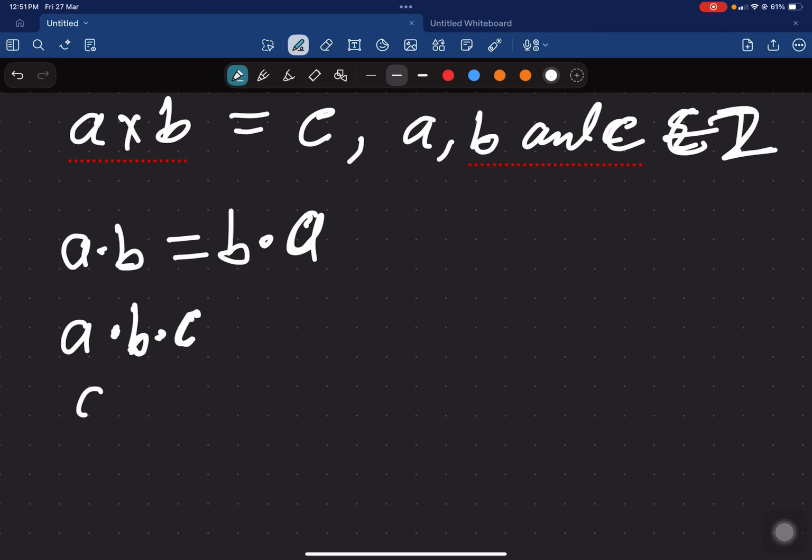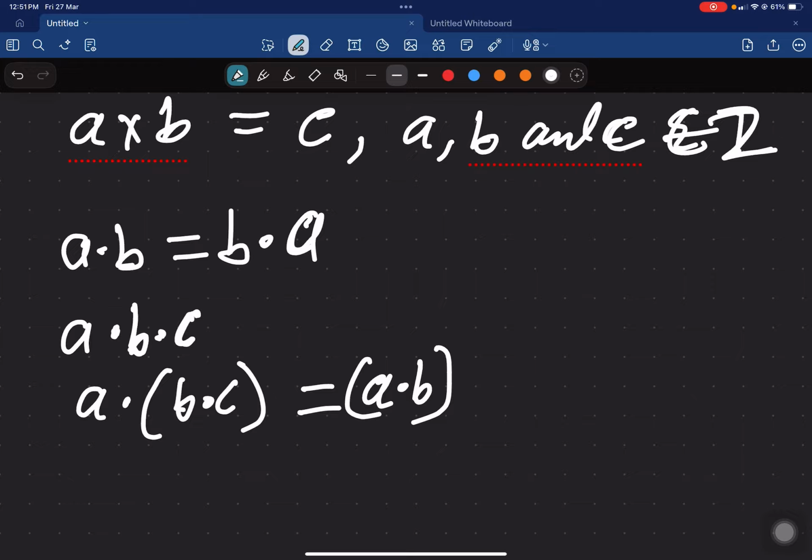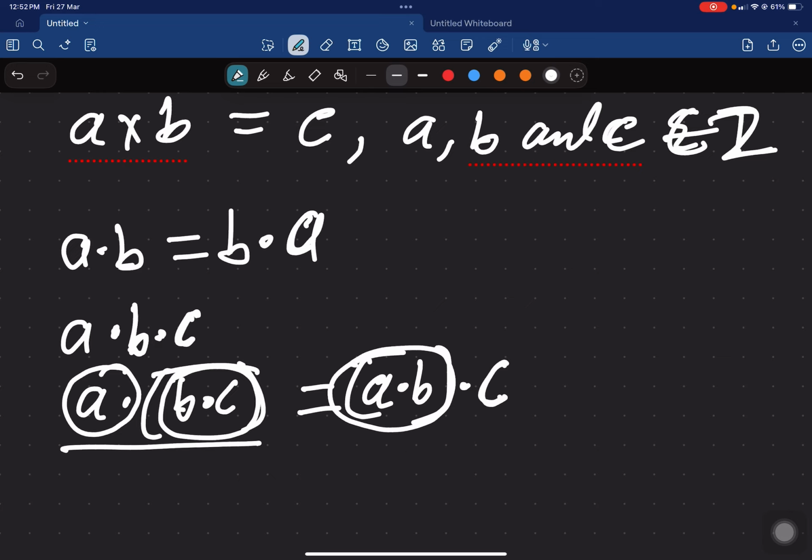So we have a times (b times c). It should be the same thing as multiplying the result of a times b by c. In the first case, we've multiplied b and c, then whatever we got from here, we multiply by a. It can also be done by multiplying a and b, then whatever you get from there, you multiply by c. This is what we call the associative property.